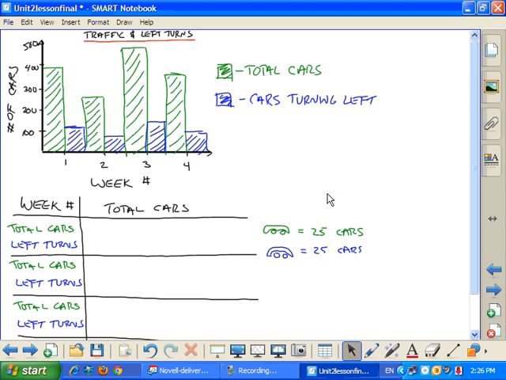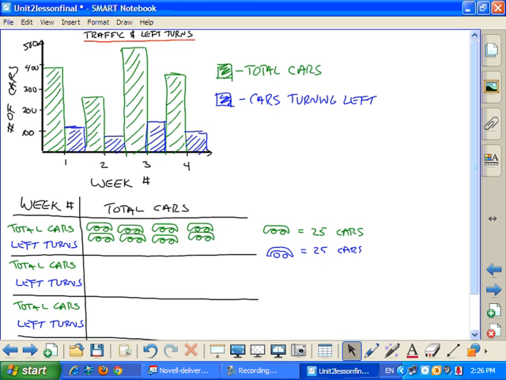Color in. So the first category, total cars, almost went up to 400. So every 4 makes 100. So there's 100, and I have to squash them in here.